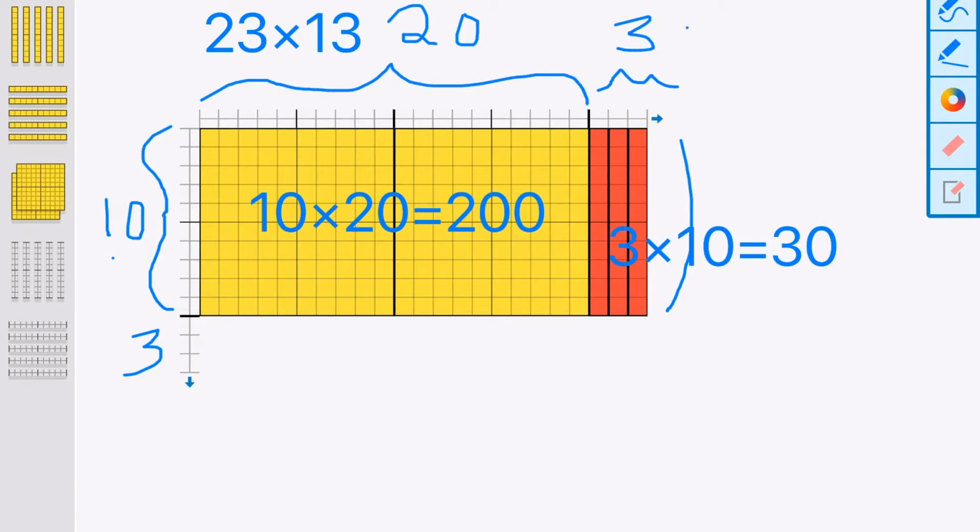Then I continue down here where I'm going to have 3 times 20. And again, I can see that my 10 pieces fit in there. I'm going to use the horizontal tens this time.